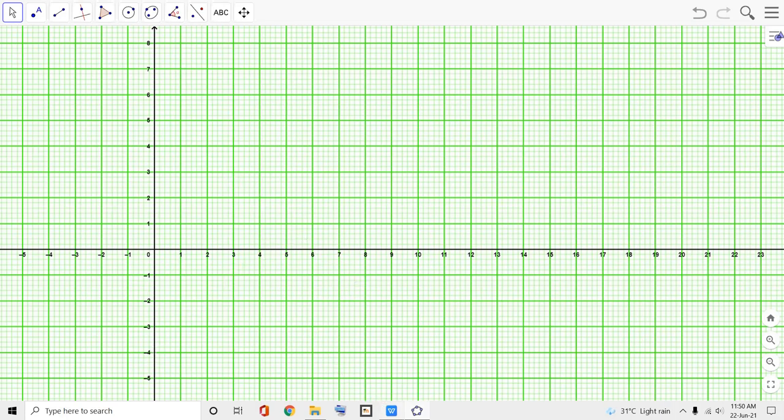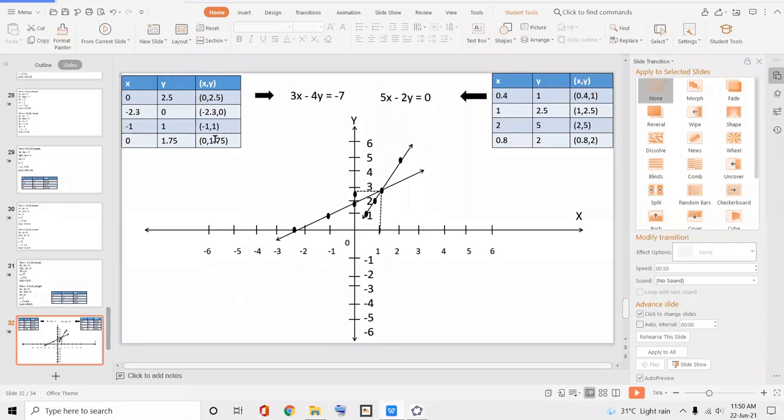Okay. So we will first plot 4 points for this equation. Then we will make a line, and then we will plot 4 points for this equation, and then we will make a line. So our first point is 0 comma 2.5.